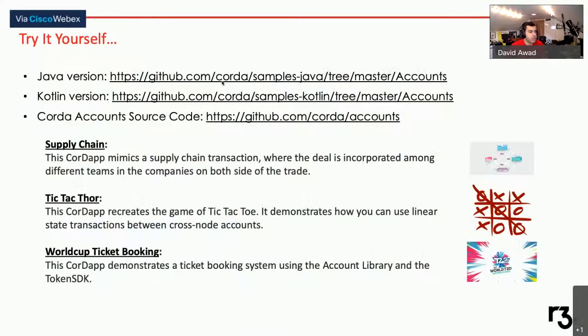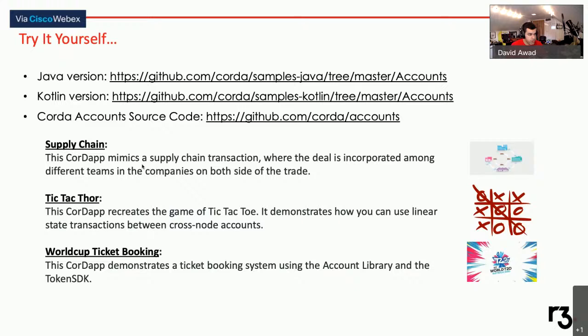And of course, if you're interested in taking a look at the actual source code of Corda accounts, Corda is open source, so you can find it online. And we have 3 different sample apps that I will point you to. The sample apps we talked about up here, the supply chain CorDapp, which mimics a supply chain transaction where the deal is incorporated among different teams in the companies on both sides of the trade.